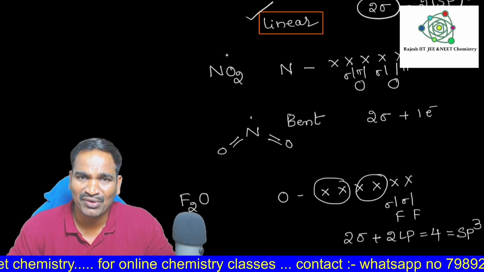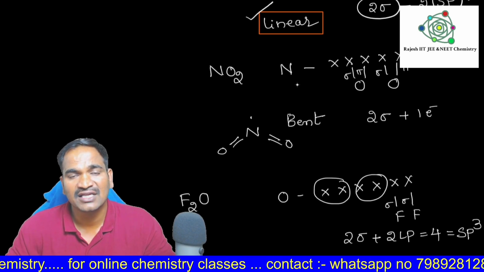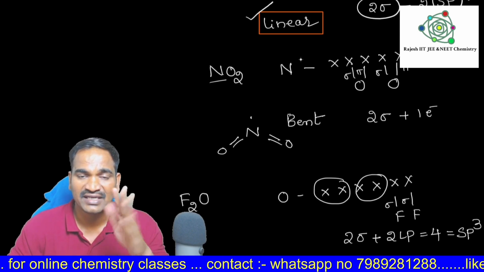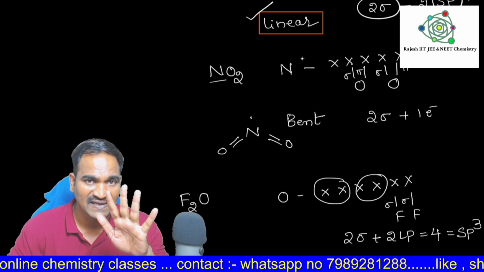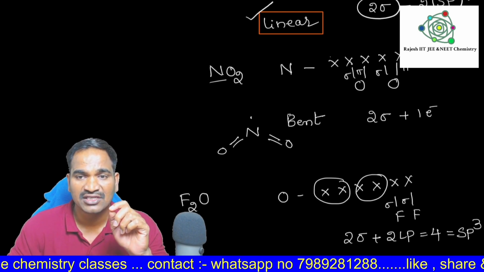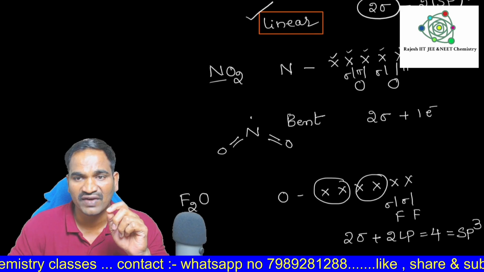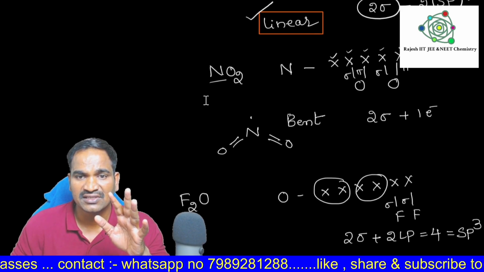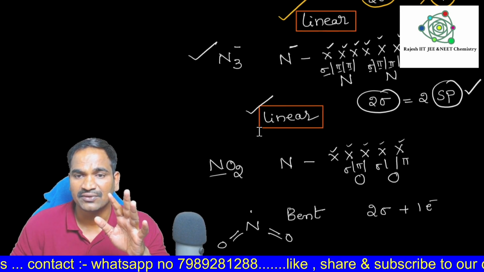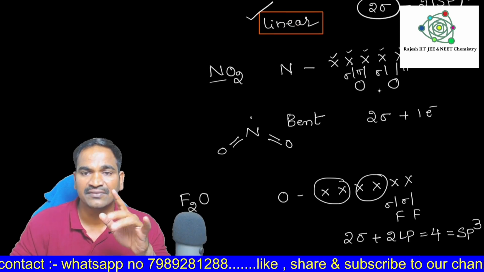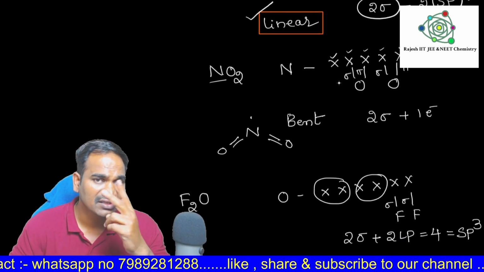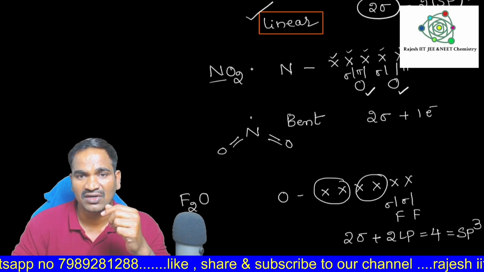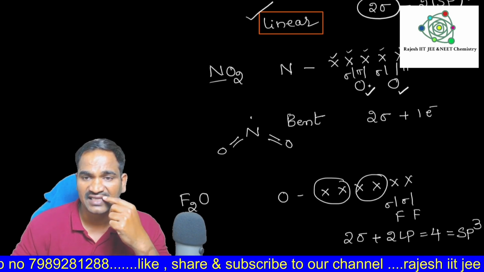Now coming to NO2, same story. It doesn't have any positive or negative charge. The central atom is nitrogen, which has 5 electrons in its valency shell: 1, 2, 3, 4, 5. This nitrogen is bonded with 2 oxygens, 1 oxygen here and 1 oxygen here.